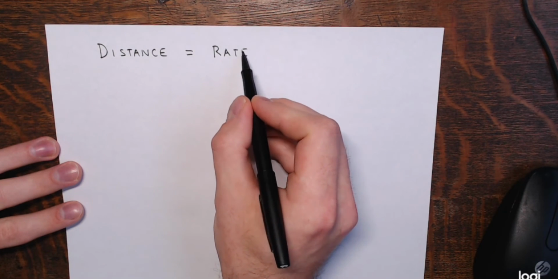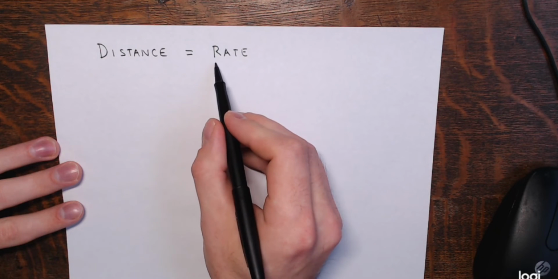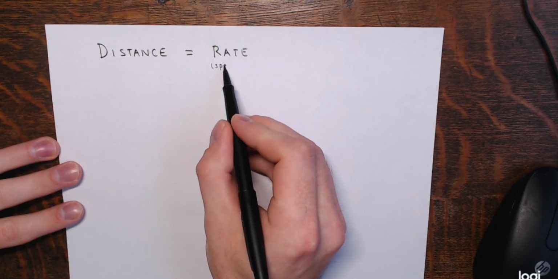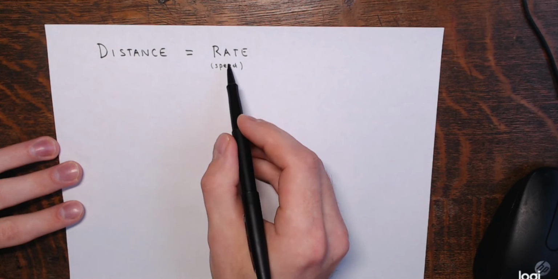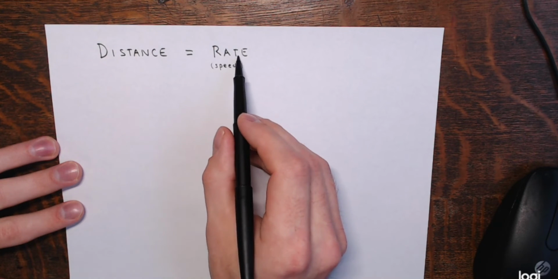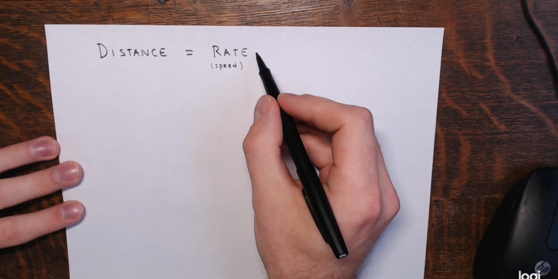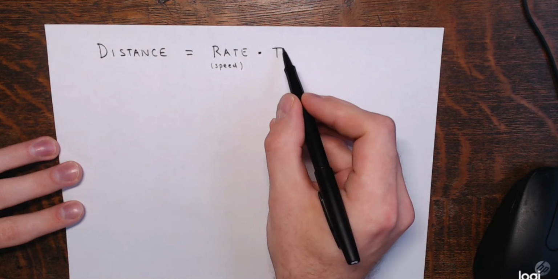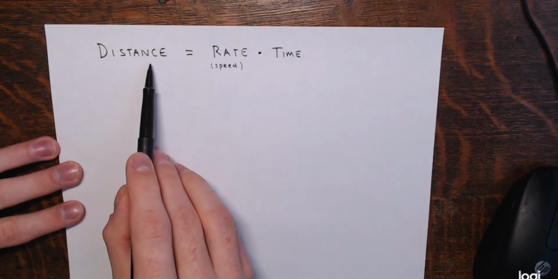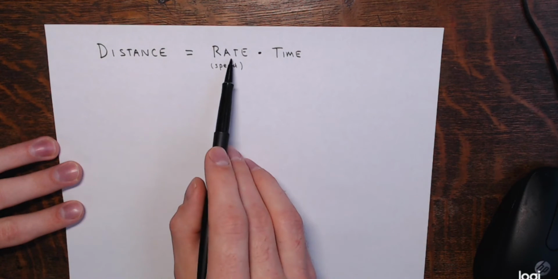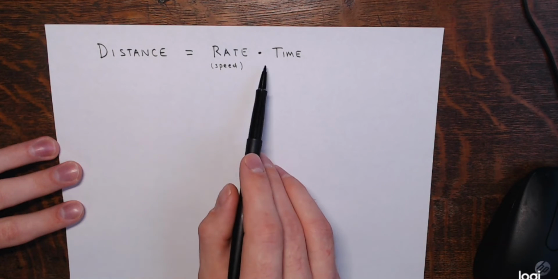Now the rate is like speed. This is going to be in miles per hour or feet per second. It's some distance unit divided by some time unit, multiplied by the time you travel for. So the distance traveled equals the rate at which you travel, or the speed, multiplied by the time.